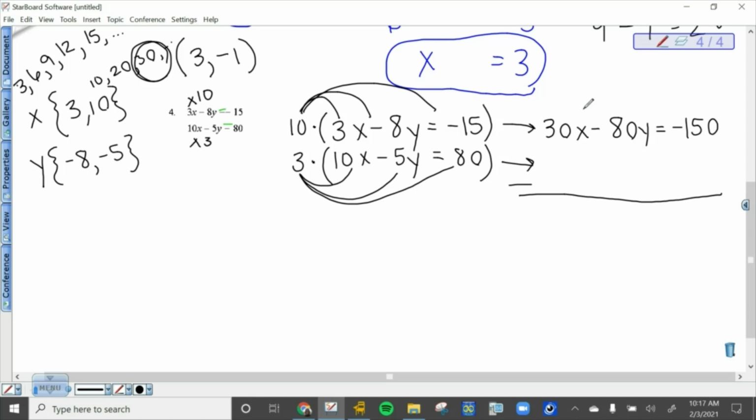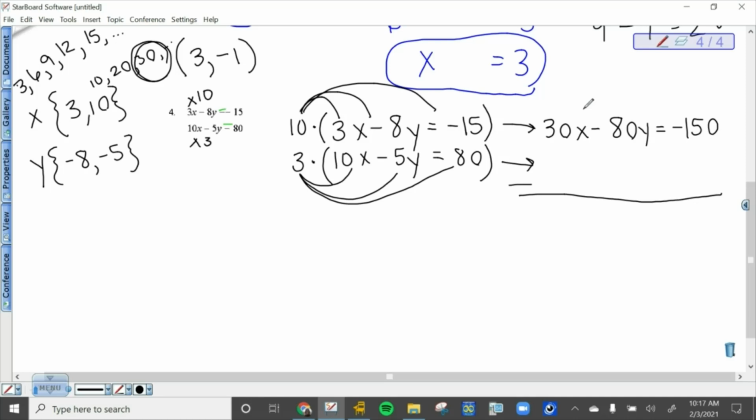Now hit subtract, this one and this one. Make it 30x minus 30y. Negative 80y minus negative 15y, so there's a double negative there. But yeah, 3 times 8.